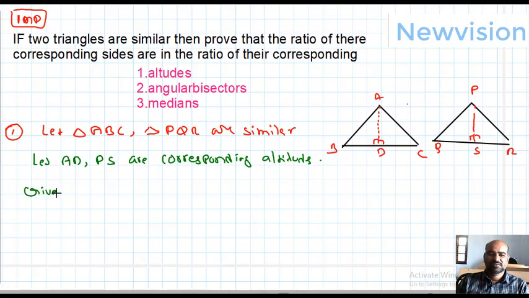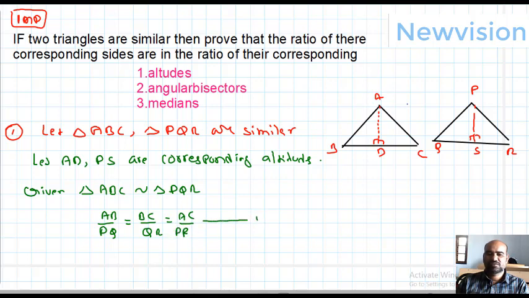Given triangle ABC is similar to triangle PQR. So what happened? AB by PQ is equal to BC by QR is equal to AC by PR. Let it be 1.